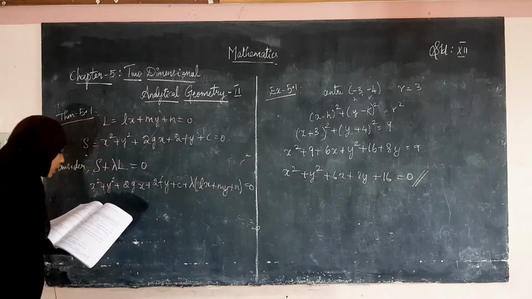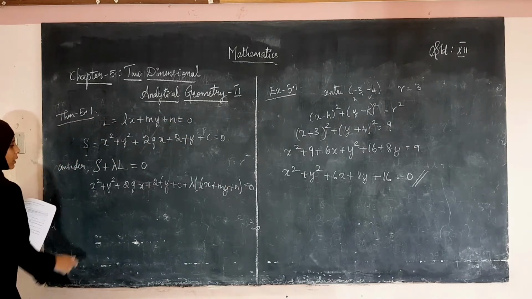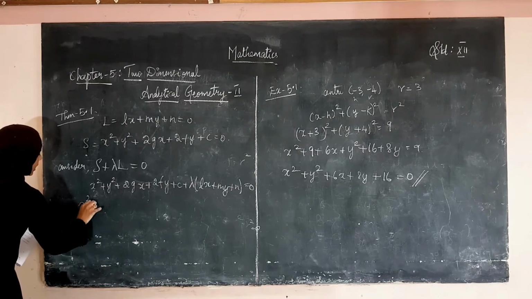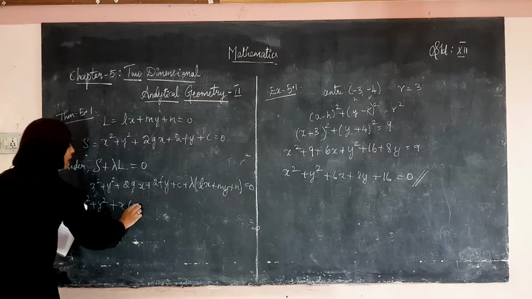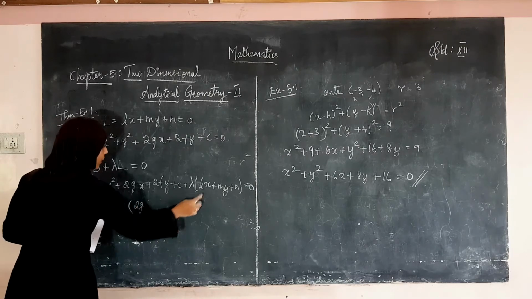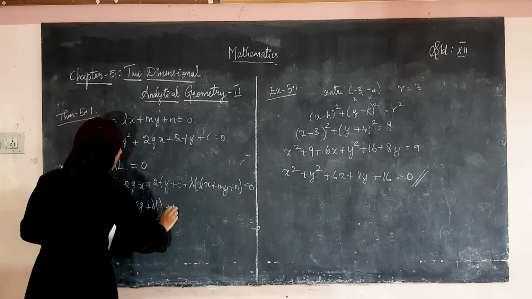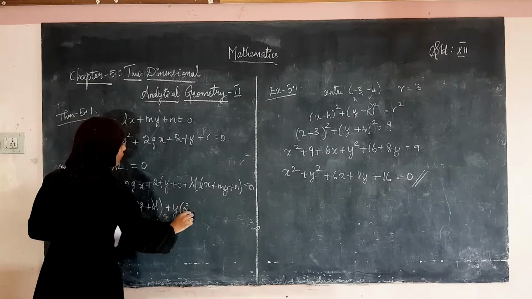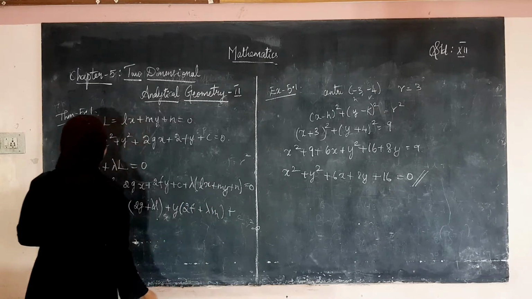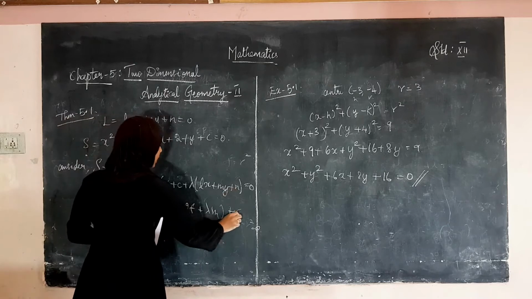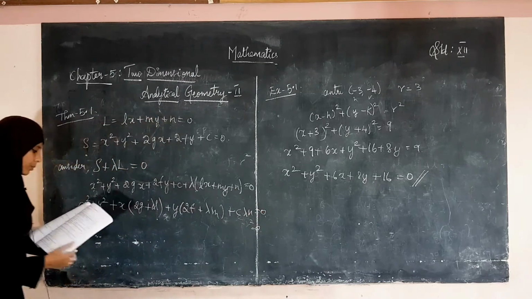Okay, so now grouping the x and y terms in this. So x square plus y square plus x into, here we have 2g and here we have lambda into l, and y into, here we have 2f, here we have lambda into m, plus c plus lambda n equal to 0.